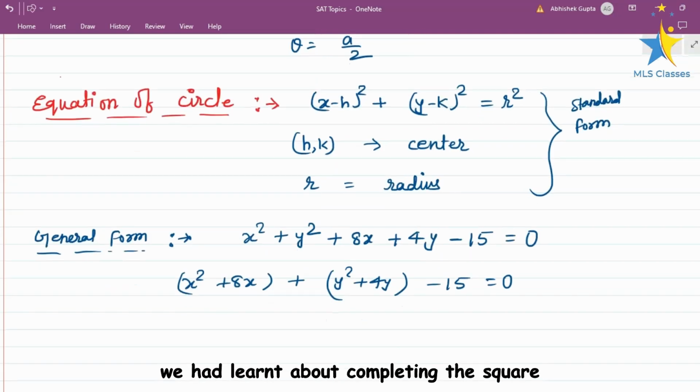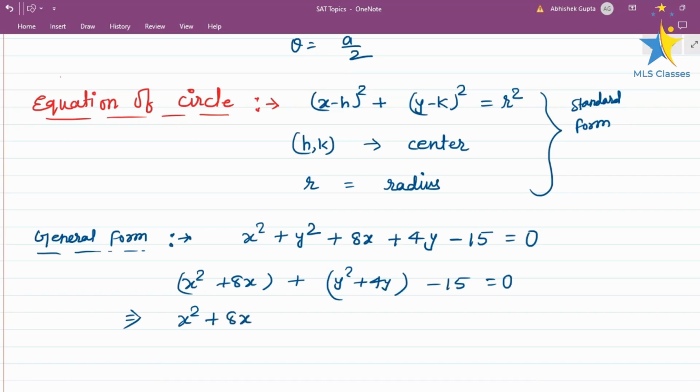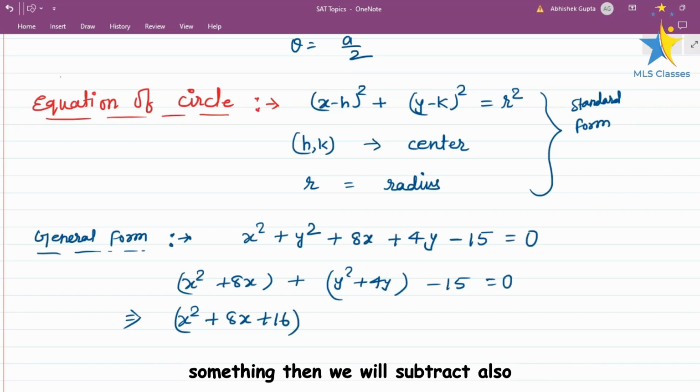Now, if you remember, we learnt about the completing the square method in quadratic equations. What we have to do is add and subtract the square of half of the coefficient of x. Half of the coefficient of x is 4, so we add 16, and if we are adding something, we subtract it also.